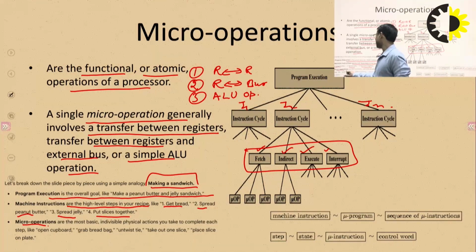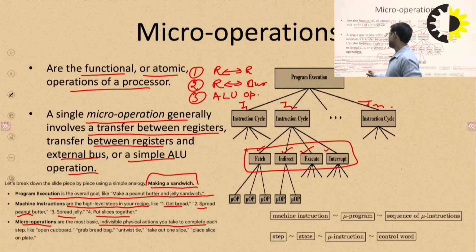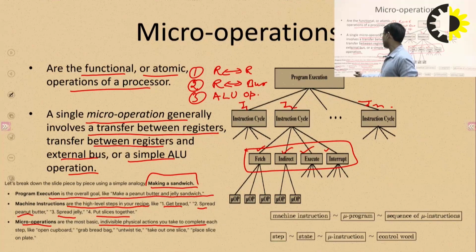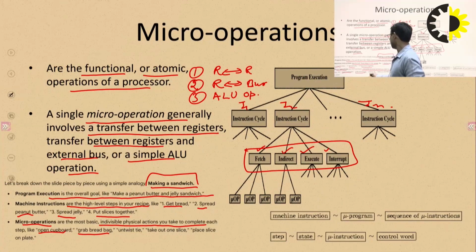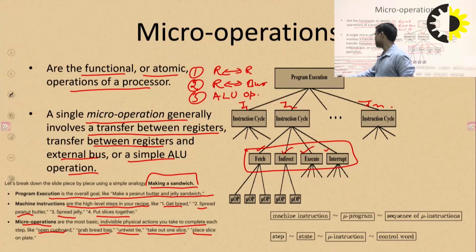Let's have an example: we have to perform a particular task like getting the bread. We have to open the cupboard, one microoperation, then grab the bread bag, that is the second microoperation, then untwist and tie the bag, then take out one slice, place the slice on the plate.